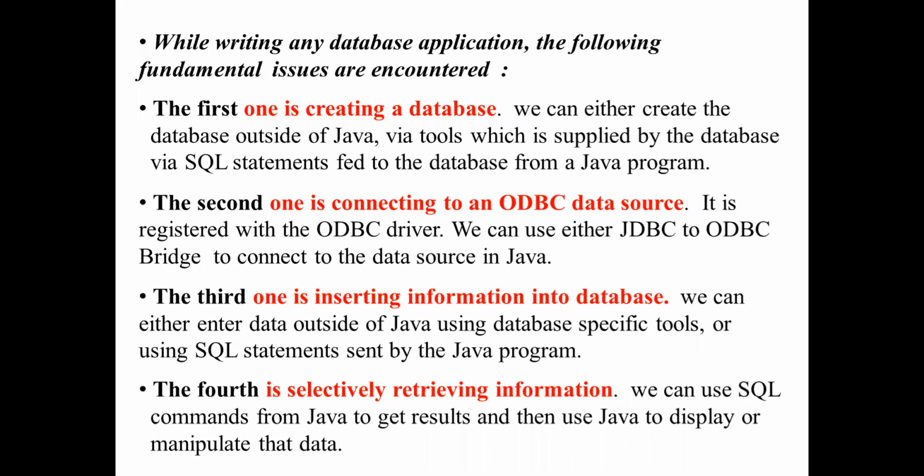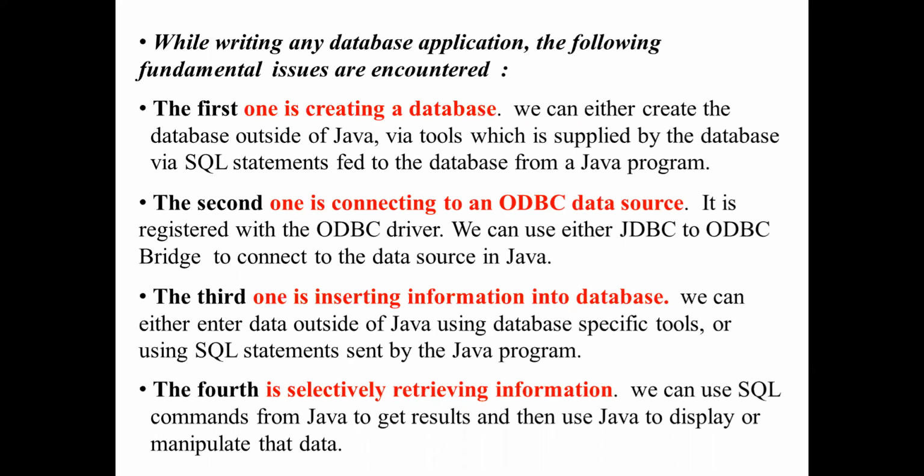The third point: we have already created the database and connected to the database. So the third point is inserting the information into the database, sending the information from the front end to the back end database.